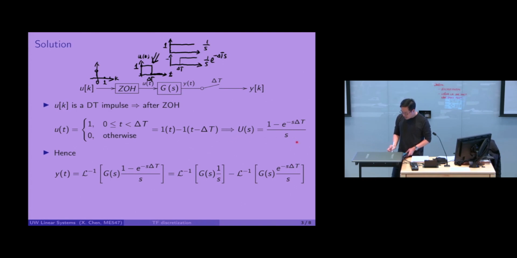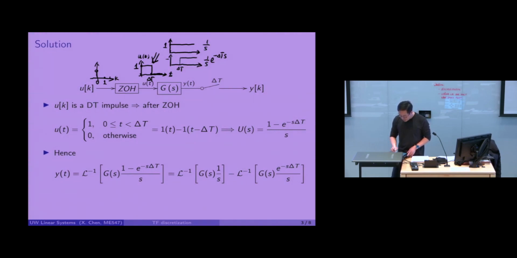That's going to give us the Laplace transform of the input u, which is 1 over s minus this term. So 1 over s is a common term, the denominator is s, and the numerator is 1 minus e negative s delta t.